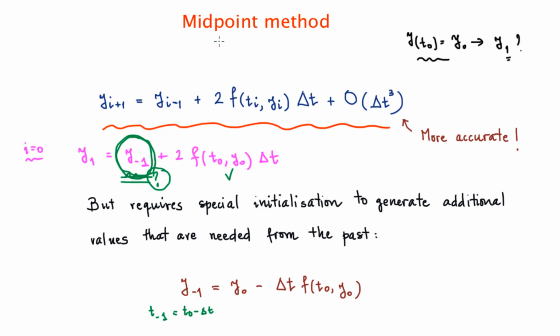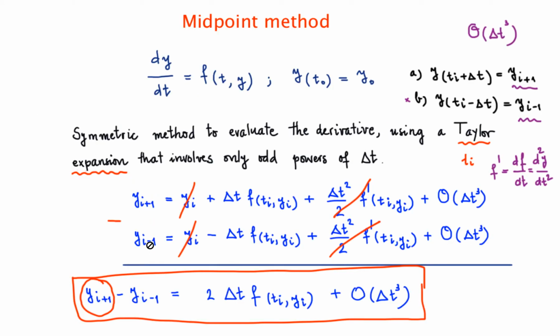So again, this is the midpoint method, because it's just using these two Taylor expansions to get the values both at ti plus delta t and ti minus delta t, where the Taylor expansion is made at the middle time, which is ti.